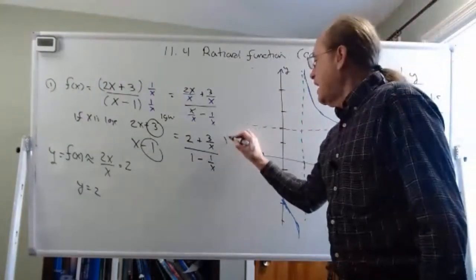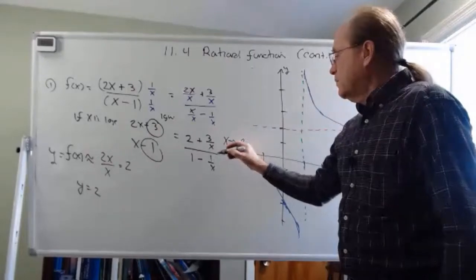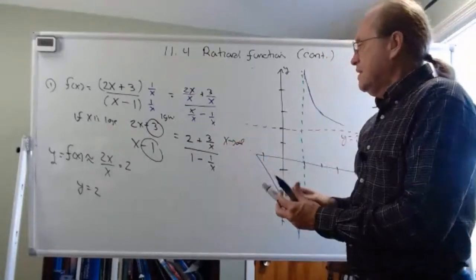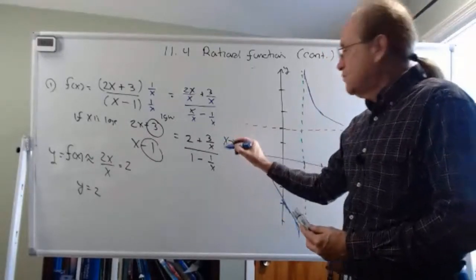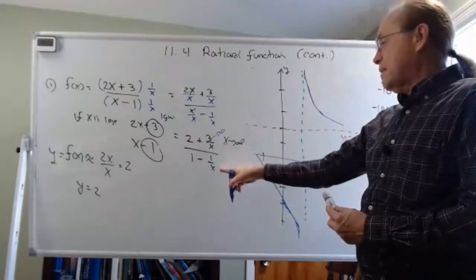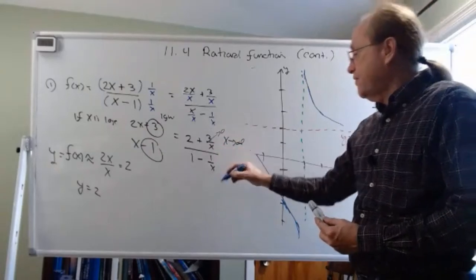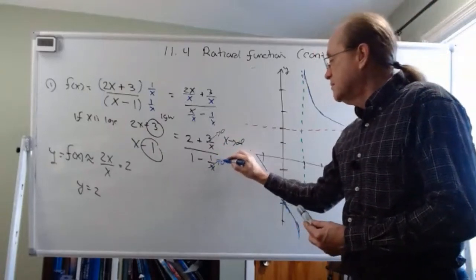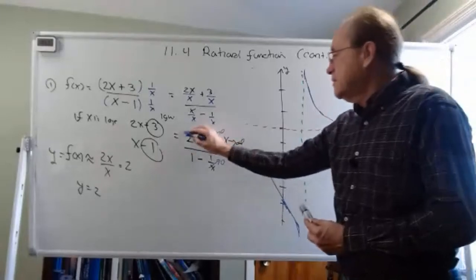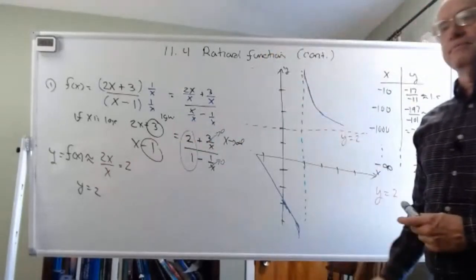As x goes to infinity, this goes to 0, because I have 3 over a larger and larger number. What happens to that as x goes to infinity? The same way, this also goes to 0. So what do I end up with? 2 over 1, there's my horizontal asymptote.